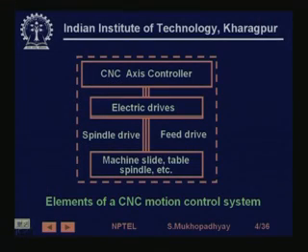They contain variable voltage, variable frequency power supplies, usually power electronic, which interface to the motors, and these motors in turn interface mechanically through gears, lead screws and other mechanisms to the machine slide, the table, the spindle, etc.